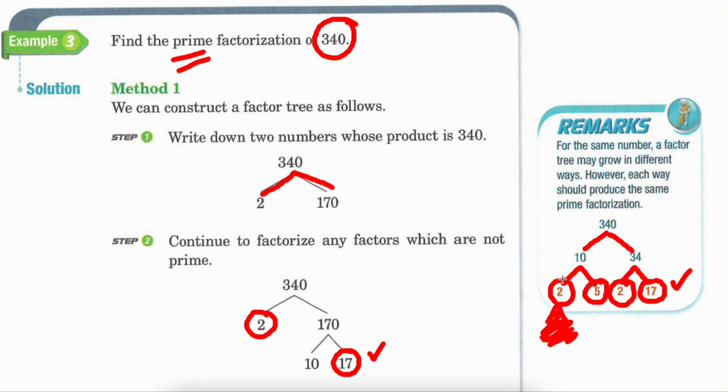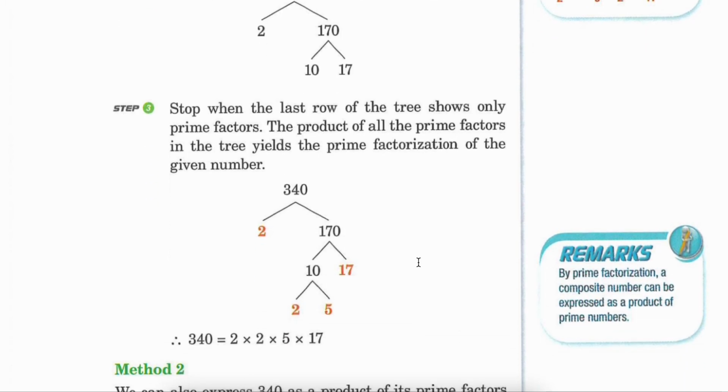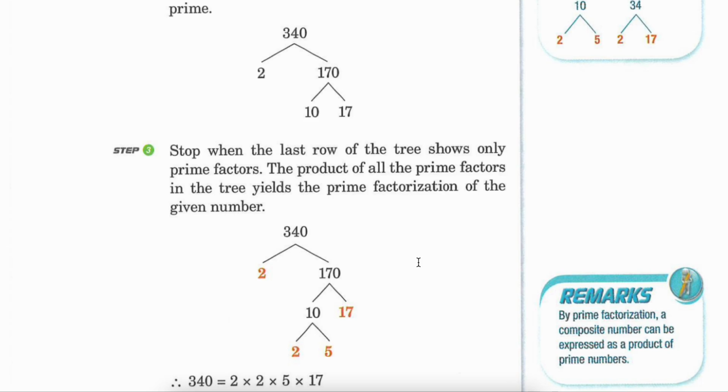So notice how this 17 and this 17 are the same. This 2 and this 2 are the same, okay? And then we're left with 10. 10 I can break down further, into 2 and 5, okay? 10 becomes 2 times 5.